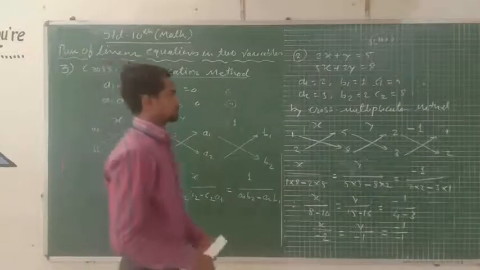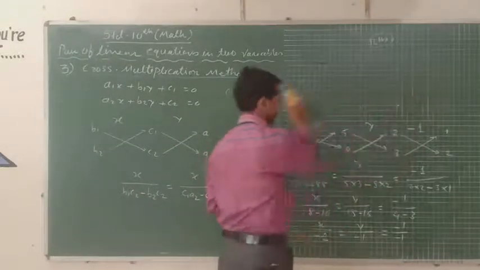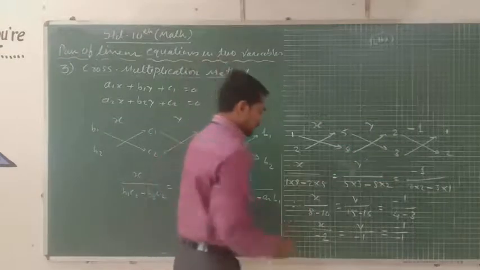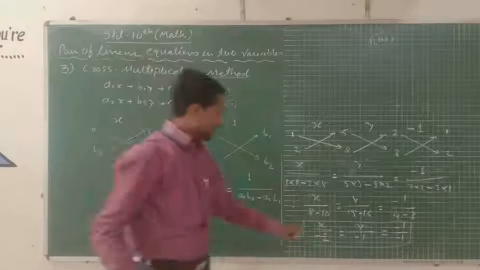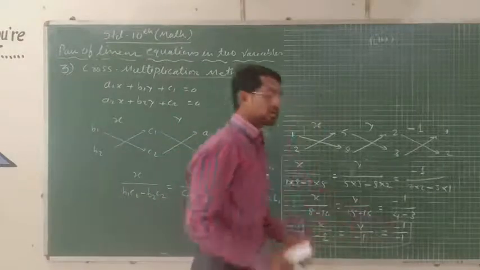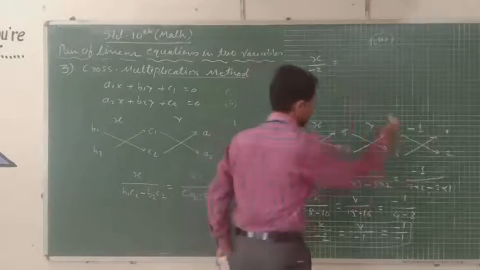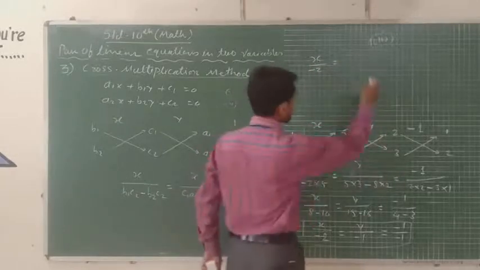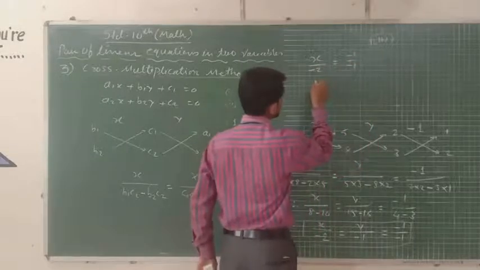After this, what do we get? Now compare x by -2 and -1 by 1. So x by -2 is equal to -1 by 1. What is x equal to?